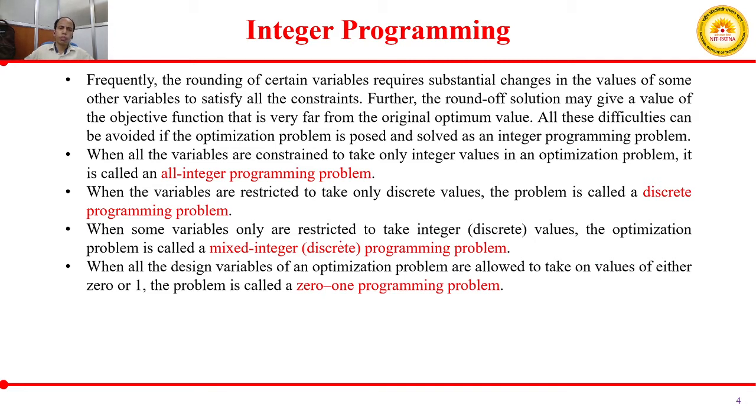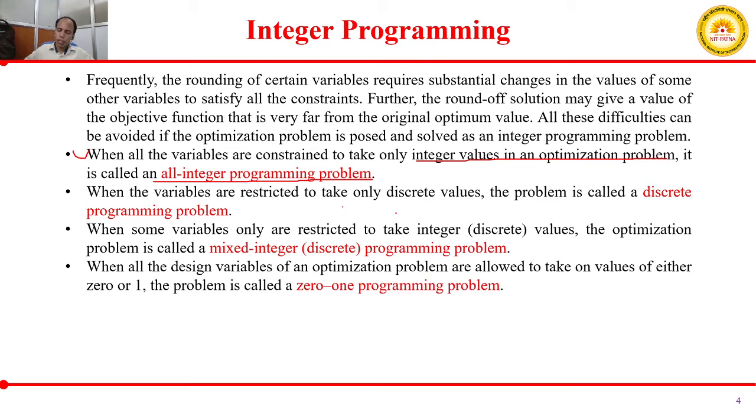First, when all your variables can take only integer values in an optimization problem, it is called an all integer programming problem. Similarly, when the variables are restricted to take only discrete values, the problem is called a discrete programming problem.